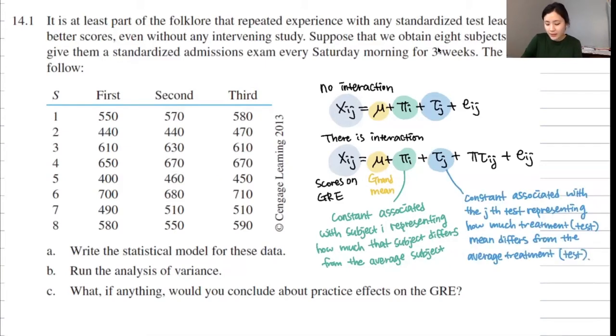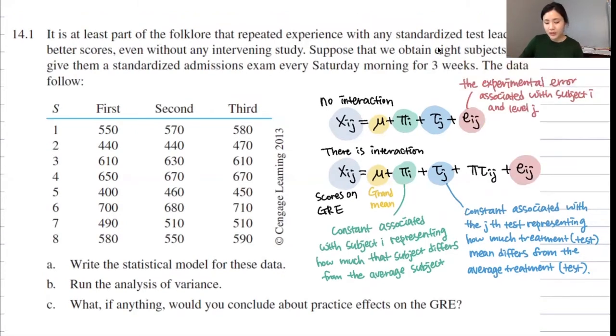Tau j is a constant associated with the j-th test, representing how much the treatment, here the test, mean differs from the average treatment. Eij is the experimental error associated with subject i and level j. Pi tau ij is the interaction of subject i with treatment j.